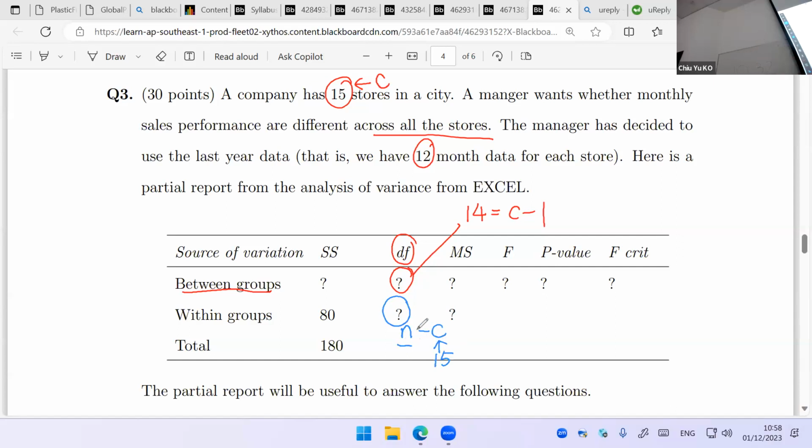N is the total number of observations, which is 15 times 12. That is the hard part, and many people fail this one. If you are able to do that, then you're done. And this is 100.